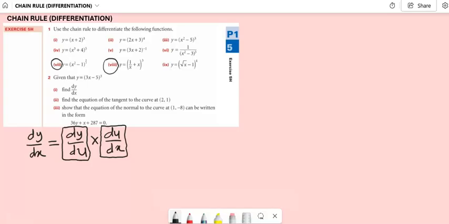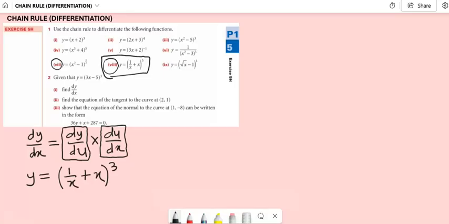Let us consider example number 8. Let's do this number 8 together. Now, number 8 is y is equal to 1 over x plus x raised to the power of 3. For me to expand this, it will take me a long time, as you can see.